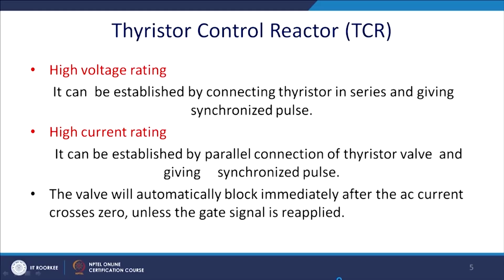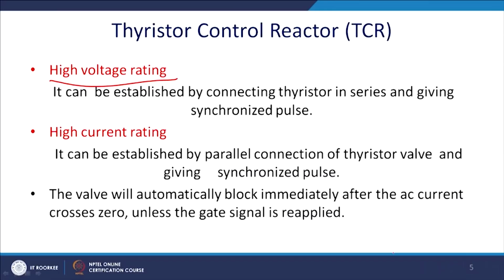Now, let us talk about the thyristor controlled reactor. What is the advantage of it? It has a very high voltage rating, since it is made of thyristors that can block very high voltage. It can be established by connecting thyristors in series and synchronizing the pulses, so that it can turn on and off, operating with a very high voltage blocking capability.